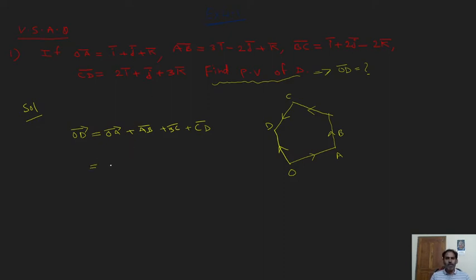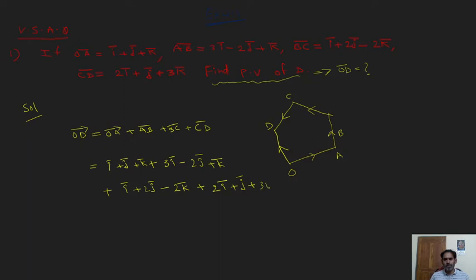So OD bar is I bar plus J bar plus K bar, plus AB bar 3I bar minus 2J bar plus K bar, next plus BC bar I bar plus 2J bar minus 2K bar, next plus CD bar 2I bar plus J bar plus 3K bar.